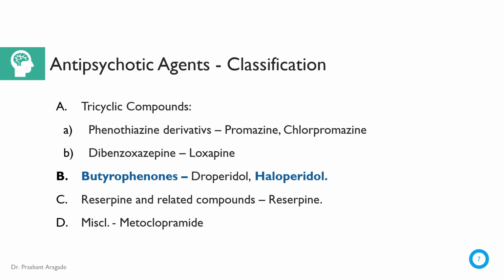Haloperidol belongs to the chemical class butyrophenones, and it contains piperidine as a basic heterocyclic ring. So you have to mention which heterocyclic ring is present in the structure. It gives you an idea about its chemical class as well as which heterocyclic ring is present in its structure.